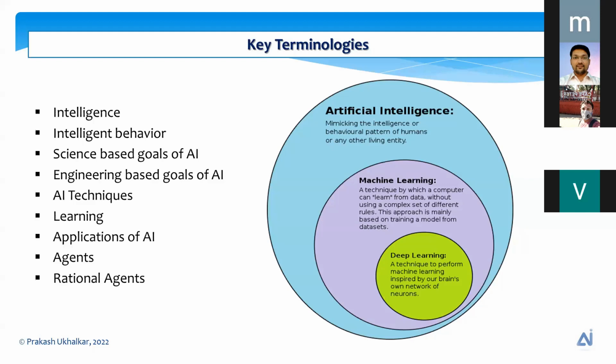If I build a robot for some household services, I am expecting that the robot should go and get me a drink, a glass of water. So basically, agents act in their environment the way we have designed them. The environment may contain some other agents as well.